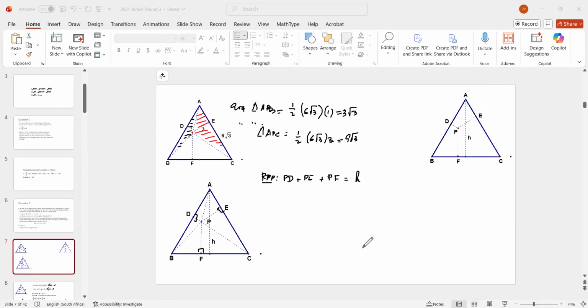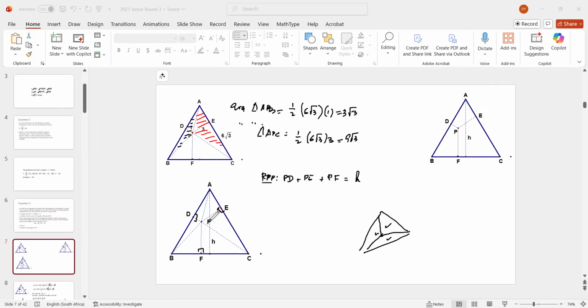Whenever you've got a point inside a triangle, it spans out three areas. If you join that point to the three vertices, you'll get three triangles. And I'm going to use the fact that the sum of the areas of these three triangles is equal to the area of the large triangle.